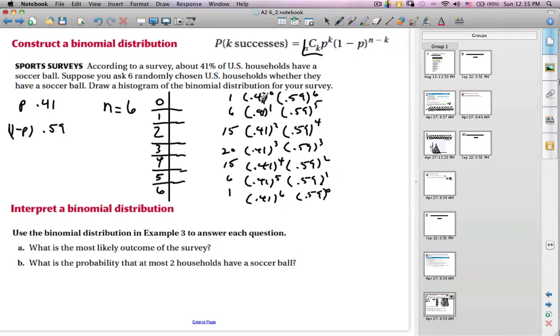Okay, now the 0 powers are easy. This becomes 1, and then I'm just going to have to take this to the 6th power.